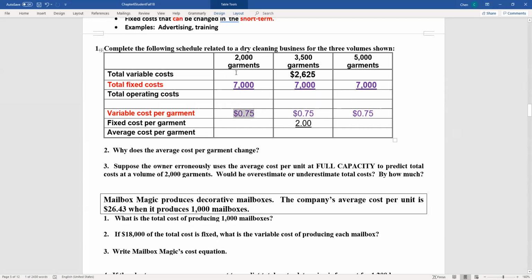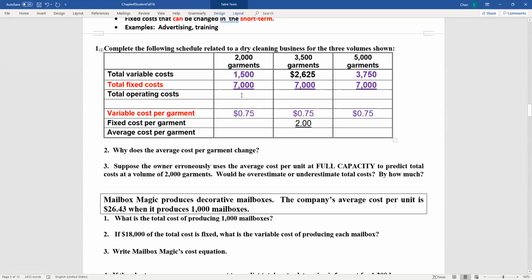Then we can figure out the total variable cost by multiplying the variable cost per unit by the total number of garments. So 0.75 times 2,000. We know that the total variable cost for 2,000 garments is 1,500, and this one is 3,750.